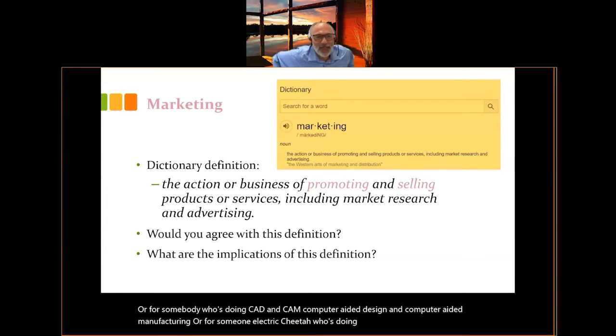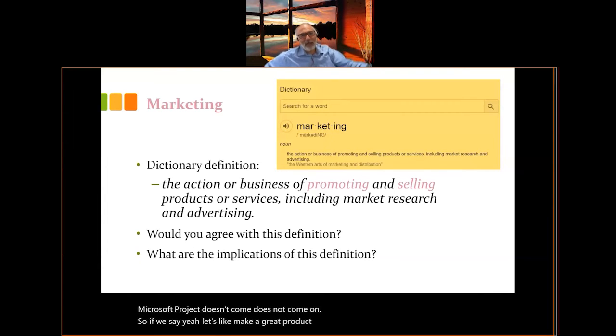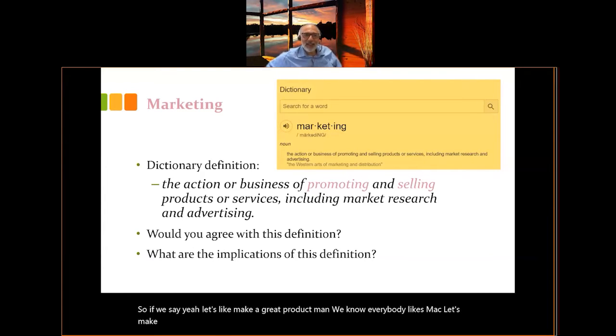For example, Microsoft Project does not come on Mac. So if we say, let's make a great product, Mac, we know everybody likes Mac. Let's make Mac. And then Trishita says, sorry, I cannot buy that. Why? Because the most important software which I use is MS Project, and it doesn't work on Mac.